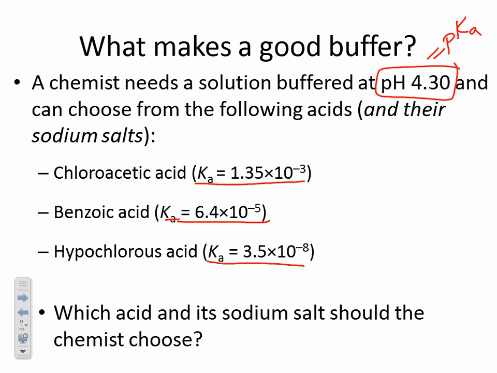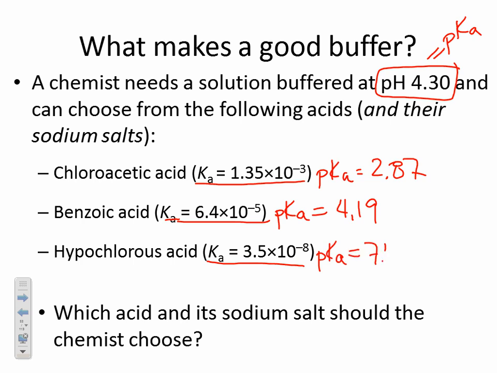The pKa of chloroacetic acid is 2.87. That's kind of far away from 4.30. The pKa of benzoic acid is 4.19. Huh, that's pretty close. And the pKa of hypochlorous acid is 7.46. Ooh, that's very far away.